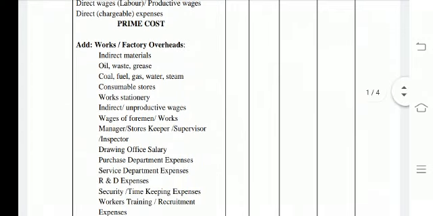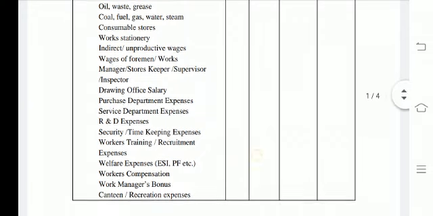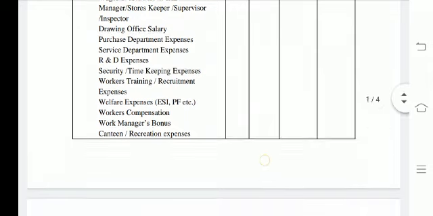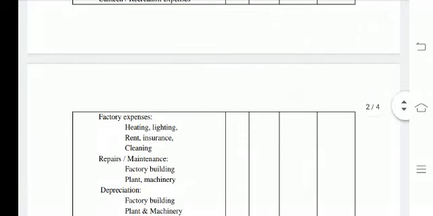Similarly, consumable stores, work stationery, indirect wages, wages of foreman, storekeeper expenses, drawing office salary, purchase department expenses, service department expenses, R&D expenses, timekeeping expenses, works training, that means workers training, and welfare expenses that may include ESI and PF, workers compensation, works manager bonus and canteen expenses. So these are the various expenditures that make up the factory overhead.